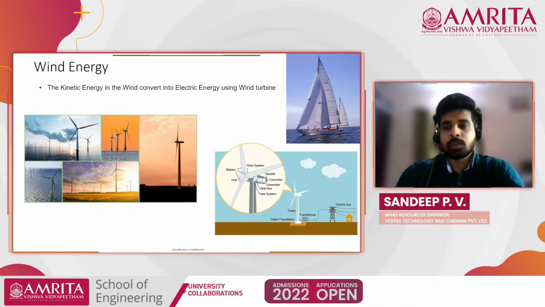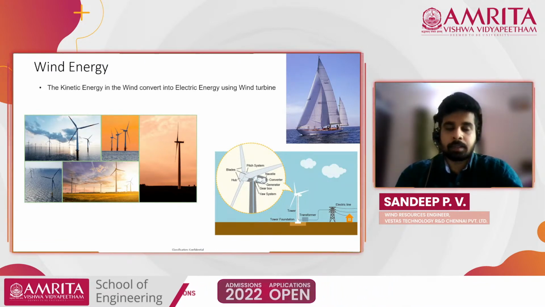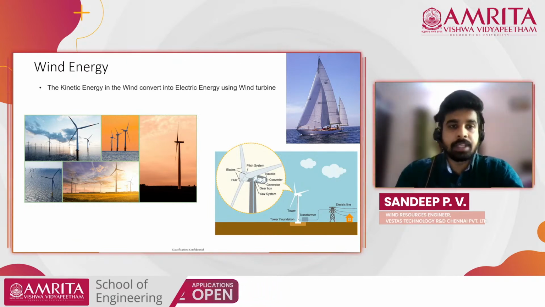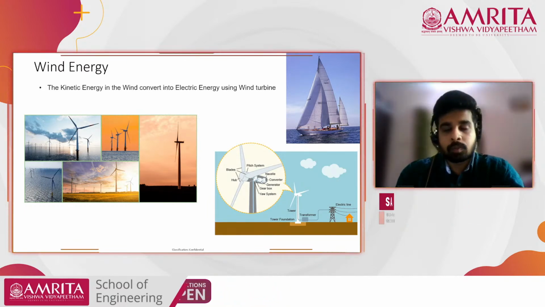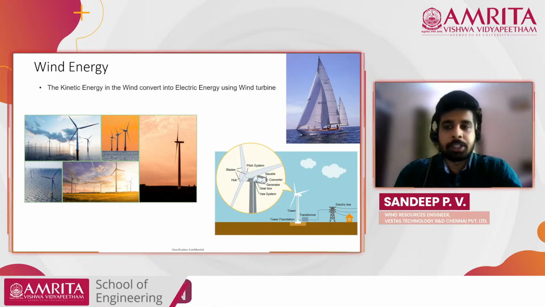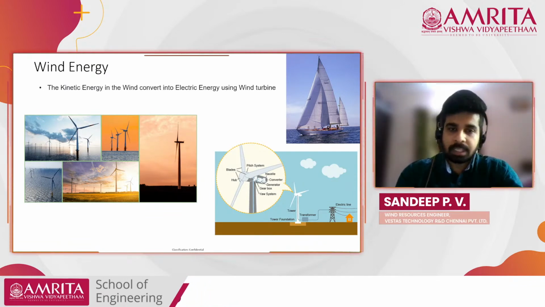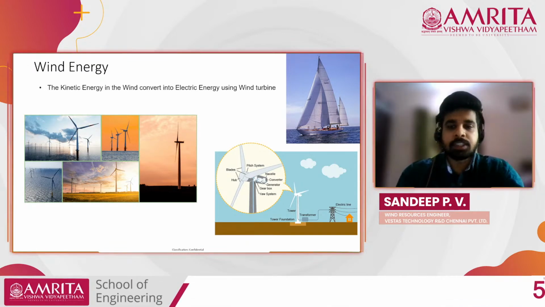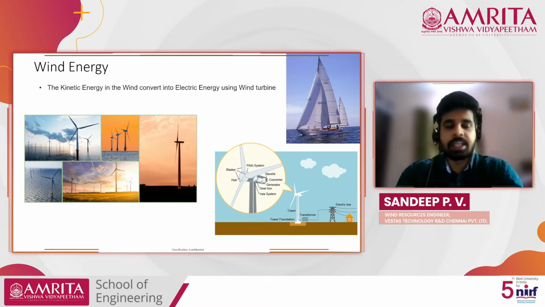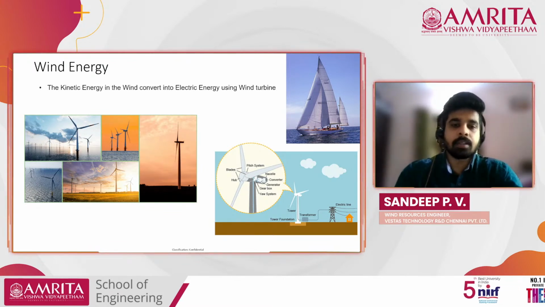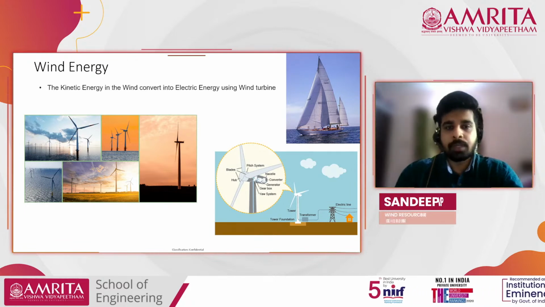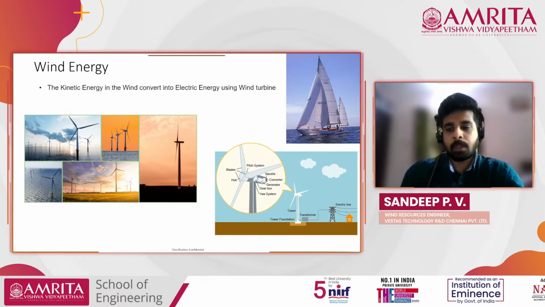Many years before, we used wind energy to travel in ships. In the modern world, to generate electricity we use wind turbines, which convert the kinetic energy of the wind into electricity.